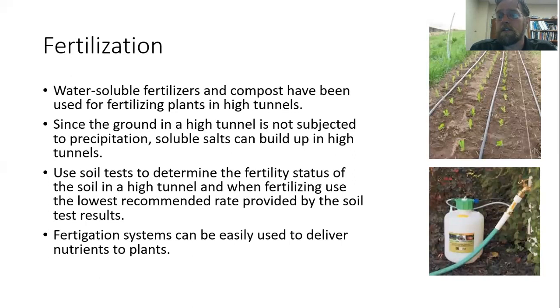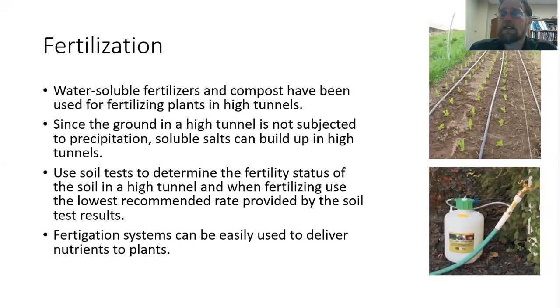Fertilization inside high tunnels is very efficiently done by delivering water-soluble fertilizers through fertigation, or through the irrigation system. Compost can also be a very effective way of delivering fertilization into the high tunnel. And again, since the ground in that high tunnel isn't subject to precipitation, we can see a buildup of soluble salts in the soils.